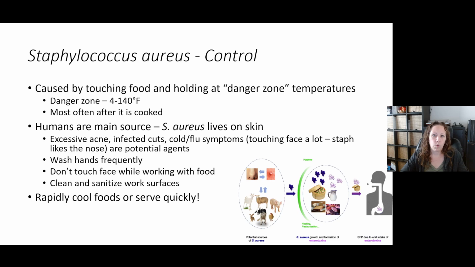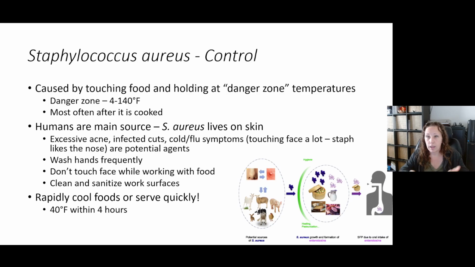You also want to rapidly cool foods or serve them quickly. We want to get foods down to 40 degrees Fahrenheit within 4 hours, or growth will start to occur. And just remember that reheating will not destroy the toxin. Think about leftovers from a fast food place or a restaurant.